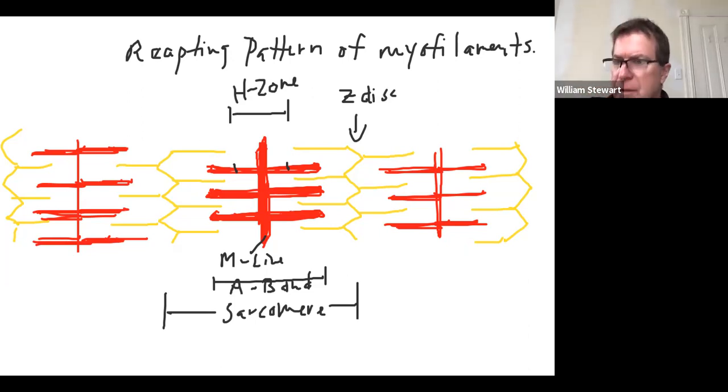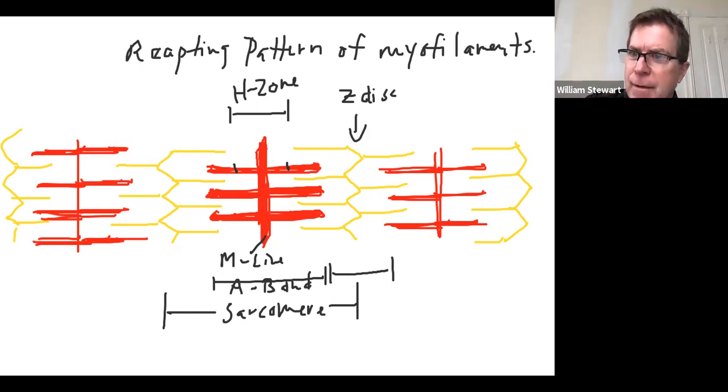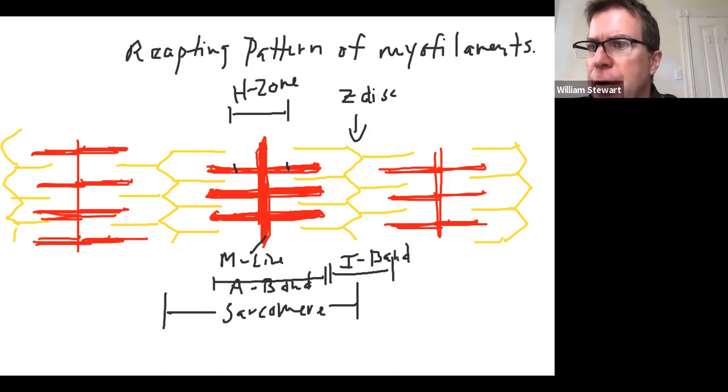And then there's a Z disc, I already labeled that one, where there is no myosin, so from right here to this area, where there is no myosin, we call that the I band, capital I, B-A-N-D. Sorry about the writing, I'm trying to write small with a very large pencil tip.